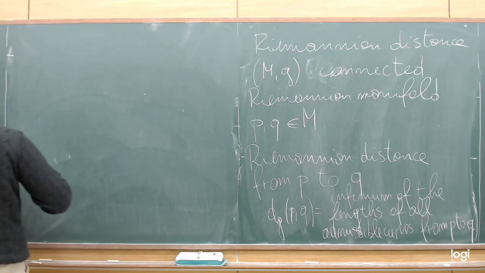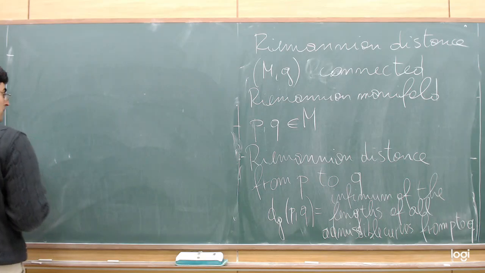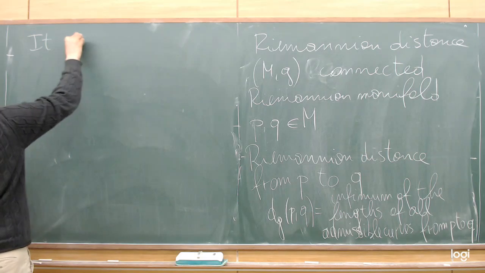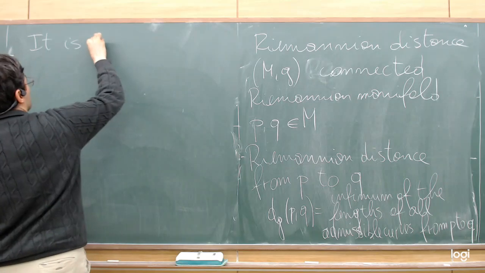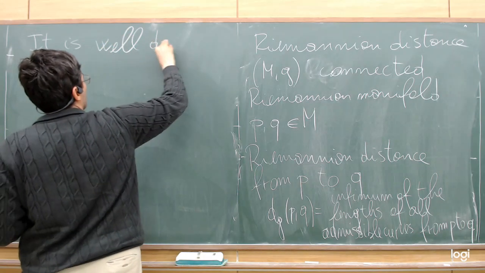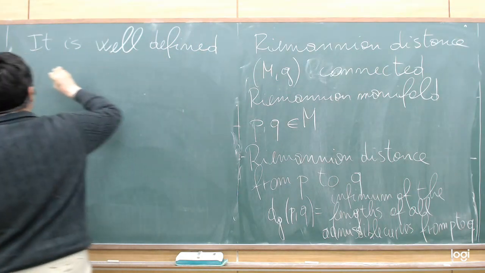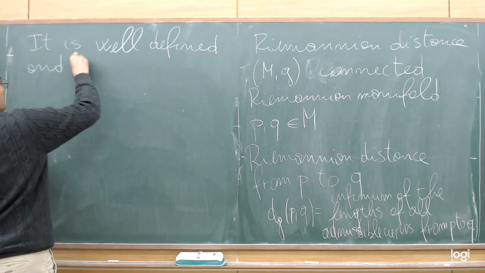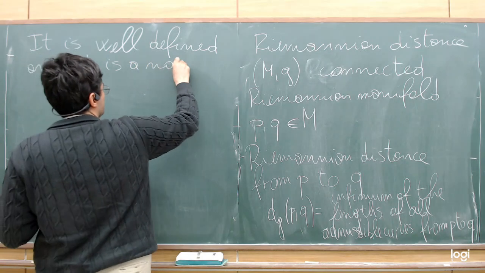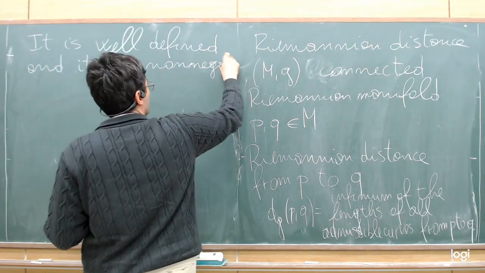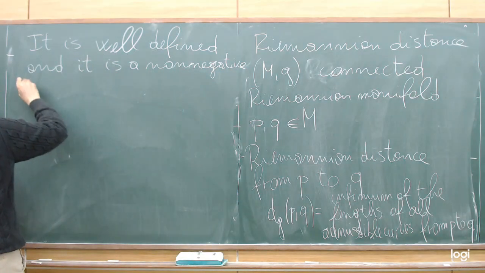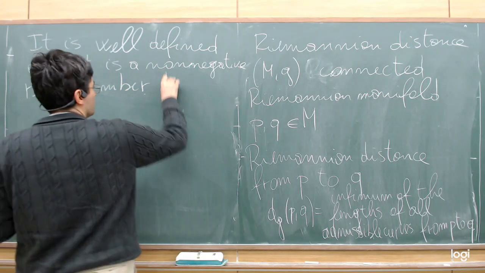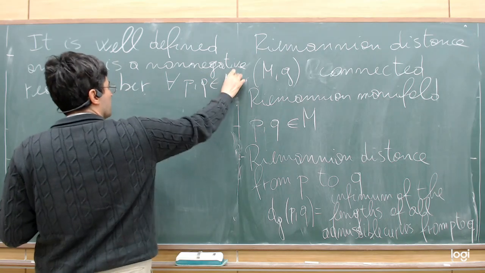You can prove that it is well defined, and it is a non-negative real number for each p, q in M.